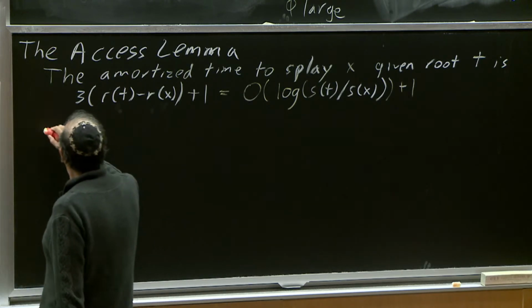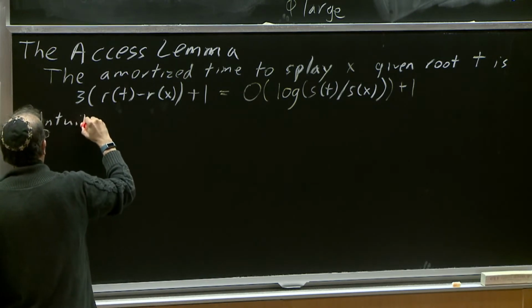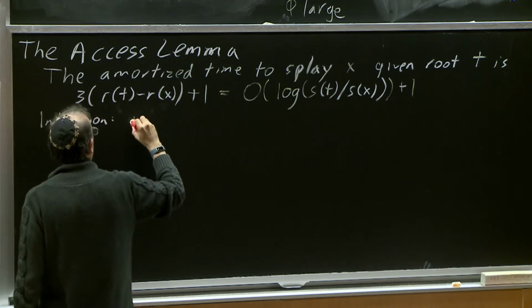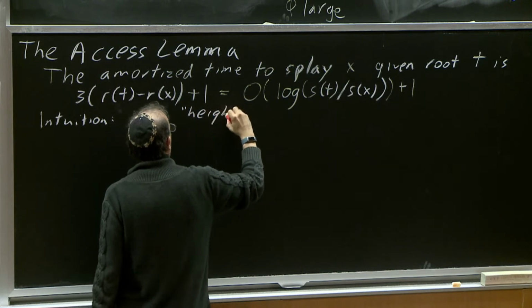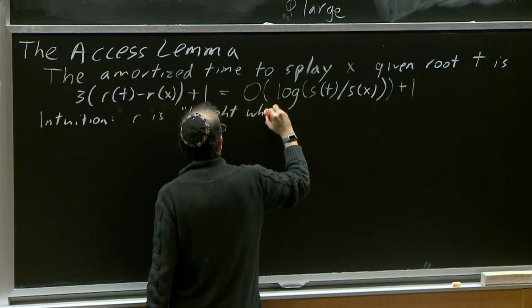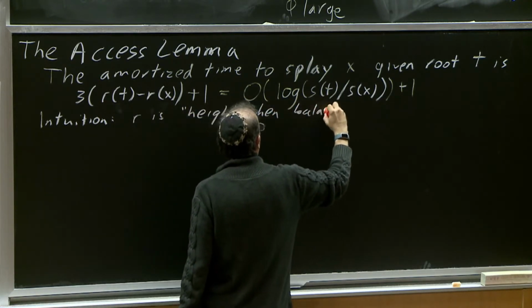And so we just ran through this intuition: that r represents the height of the node when you're in a balanced tree.